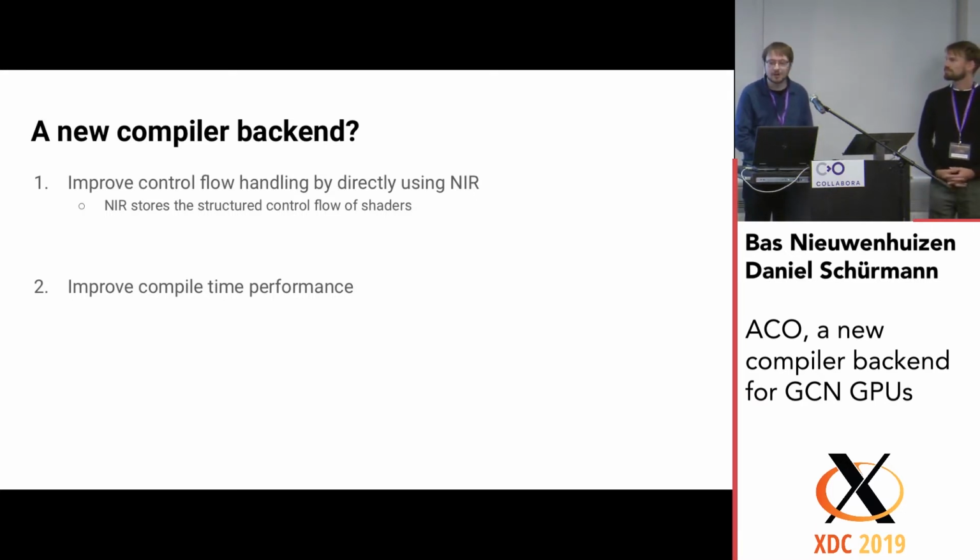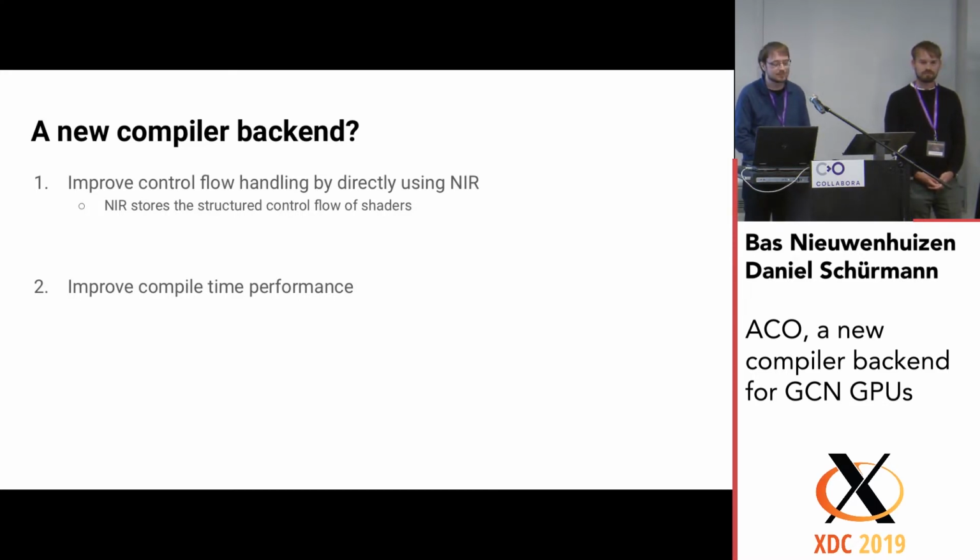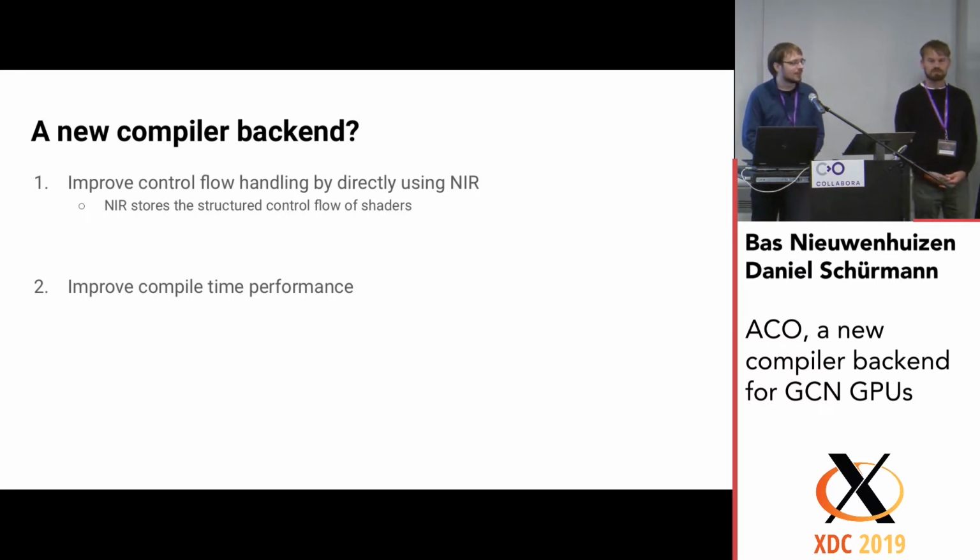There's also compile time performance. Like I said, this is a just-in-time compiler, and a lot of games compile their shaders on demand. The typical model with DirectX and GL is that they try to compile their shaders the first time you use them.